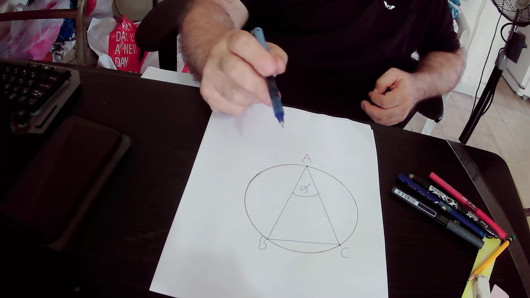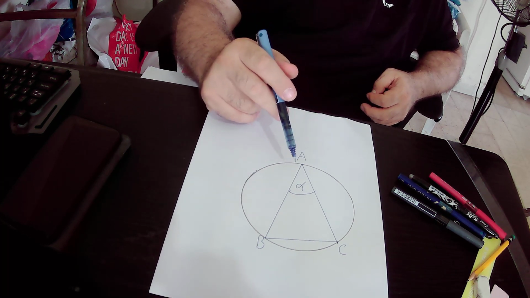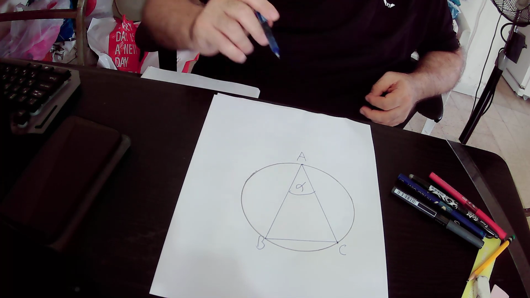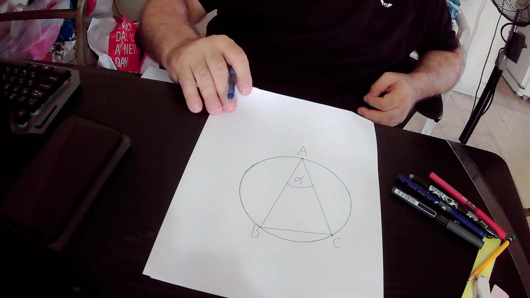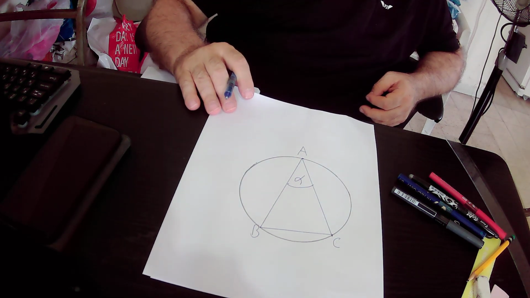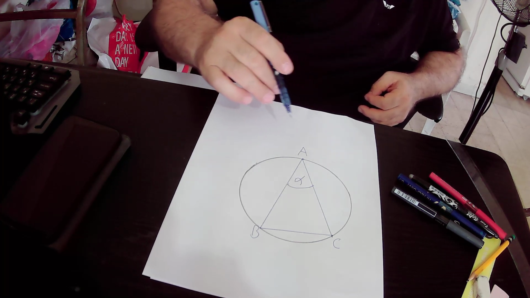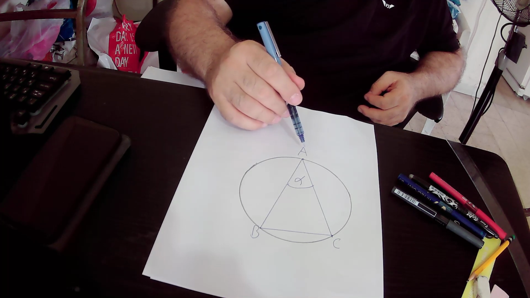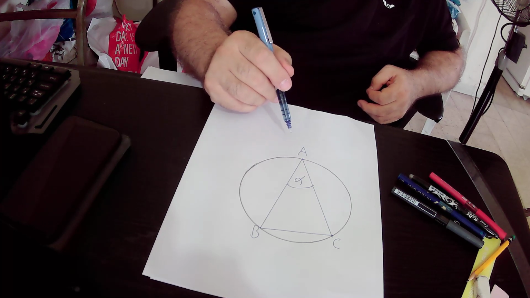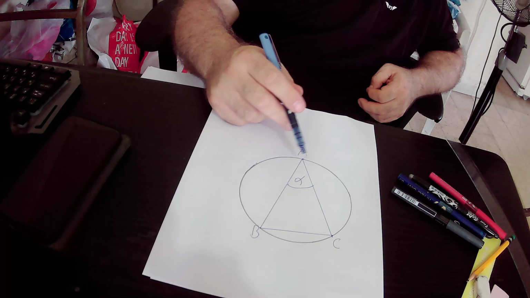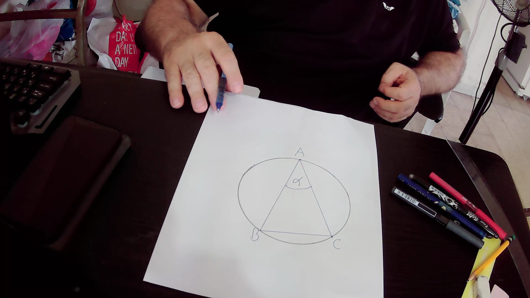For that reason, angle alpha is a peripheral angle. So a peripheral angle is an angle inside the circle. Its vertex is on the circle, and its curves are chords in the circle. That is the definition of a peripheral angle.